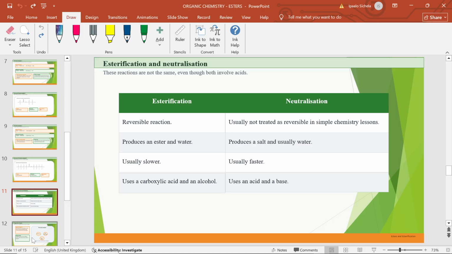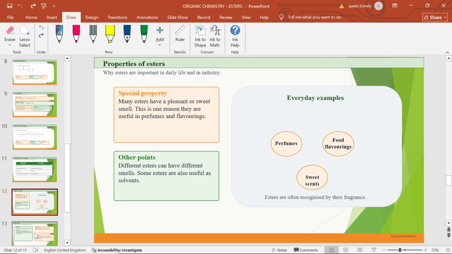Esterification produces an ester and water, while neutralization produces a salt and usually water. Esterification is slower than neutralization. Neutralization is faster. Esterification uses a carboxylic acid and an alcohol, while neutralization uses an acid and a base. So those are the differences between esterification and neutralization.